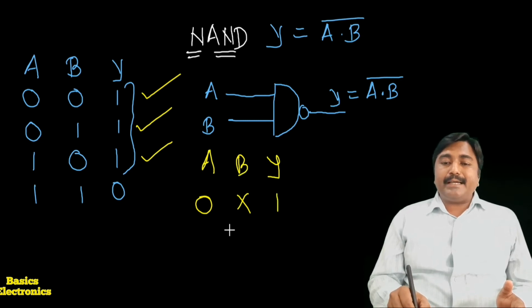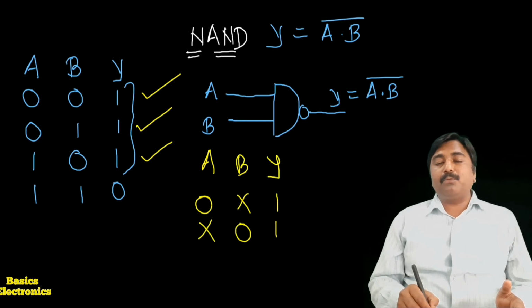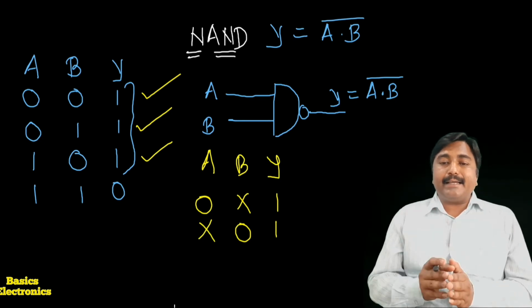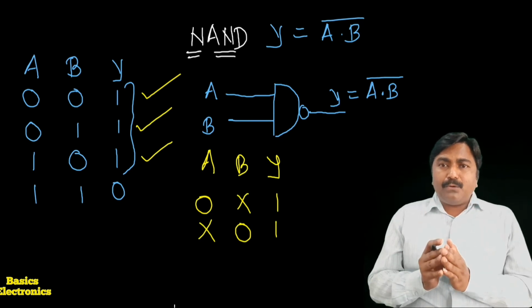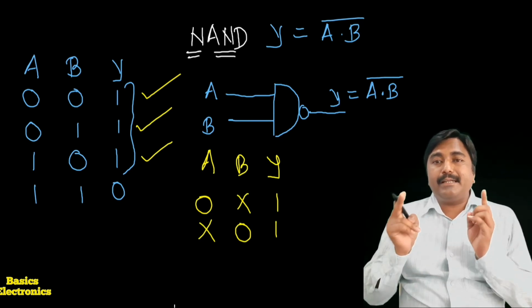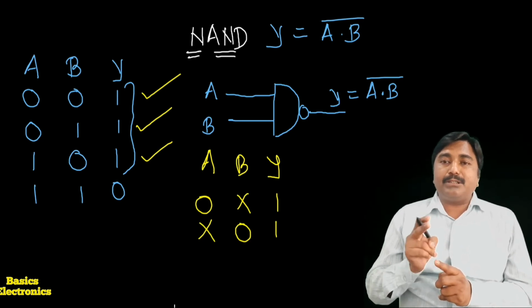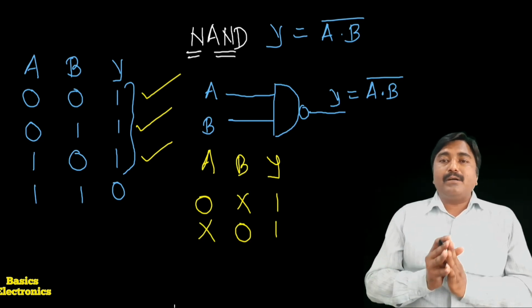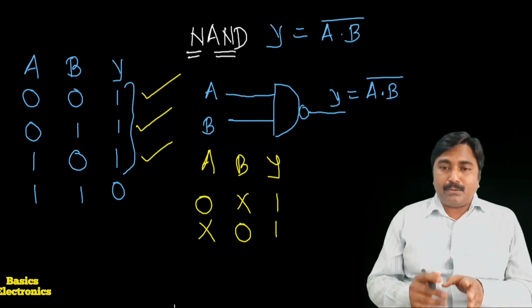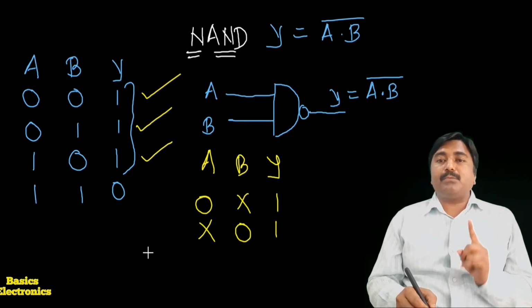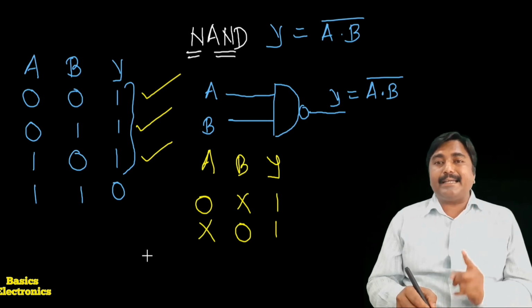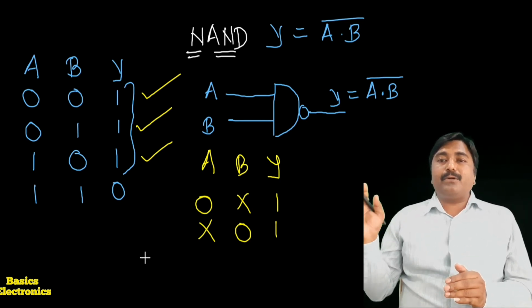If B is equal to 0, whatever the value of A, either 1 or 0, we cross it and the output is equal to 1. So we can say the output of the NAND gate is logically high if any one input is logically low. Don't care about all the other inputs.